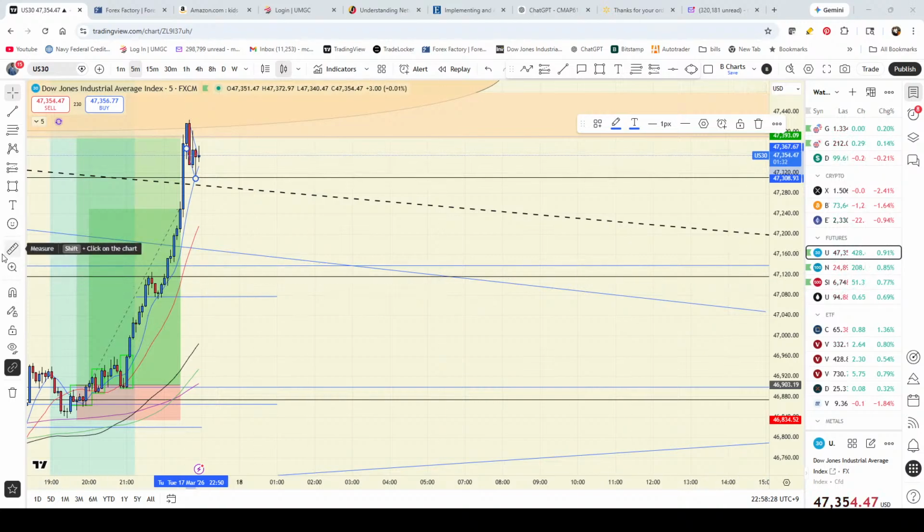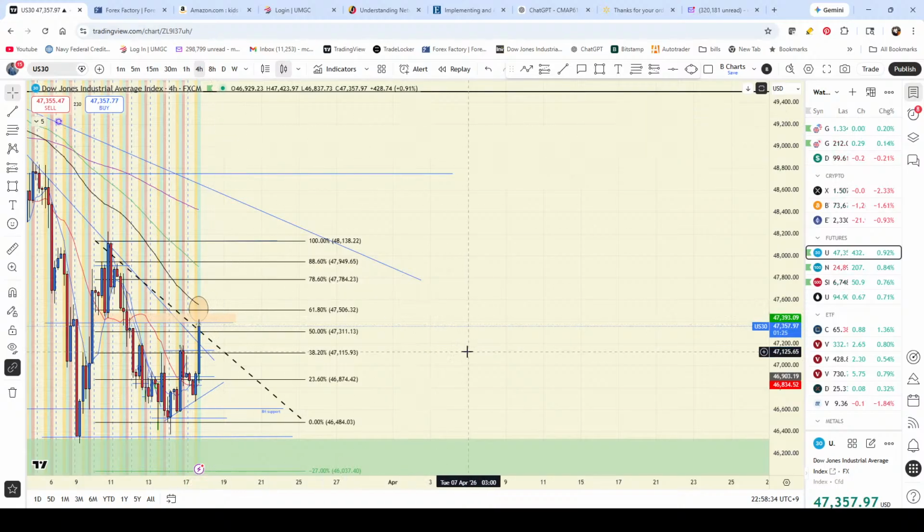Got 2 minutes left to this candle close, and that's still a strong candle. You know what I'm saying? Don't be fooled or convinced that that's still a strong candle.